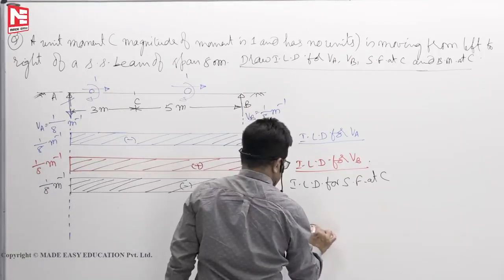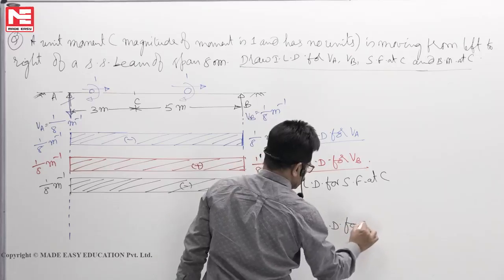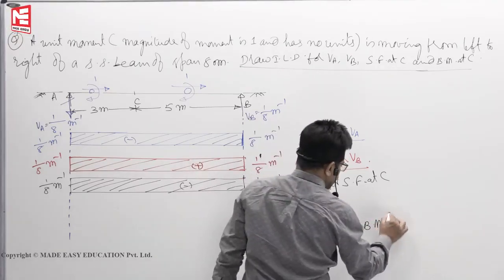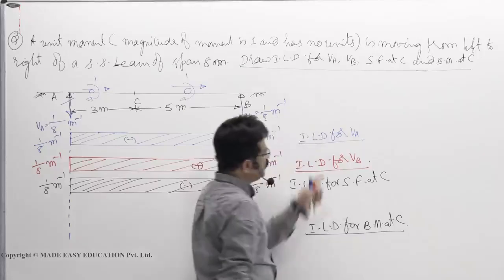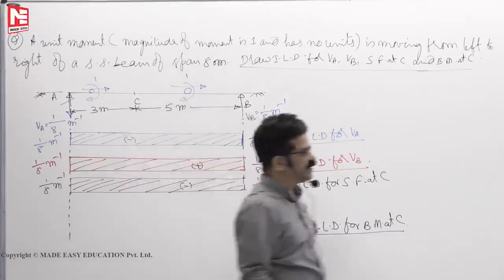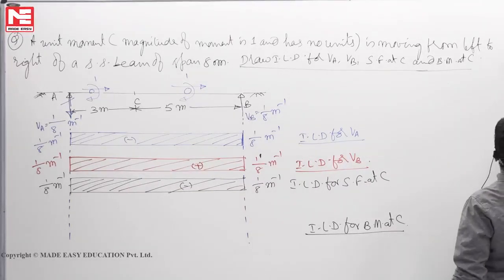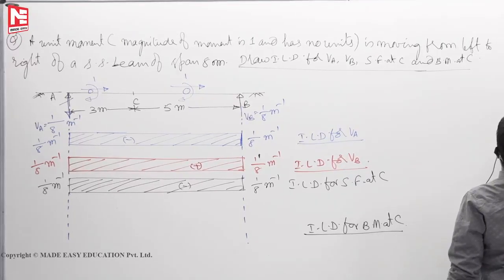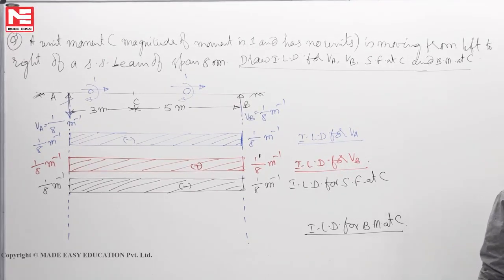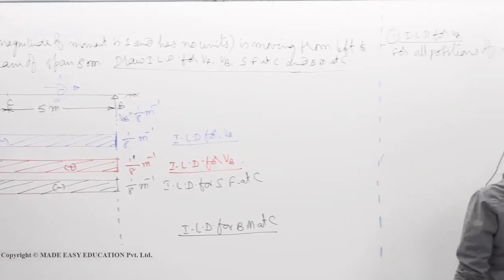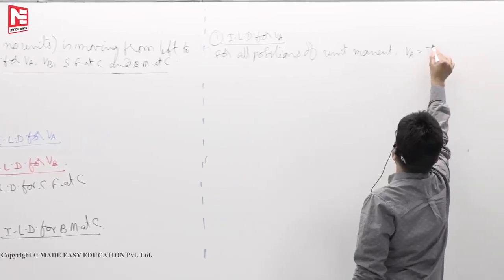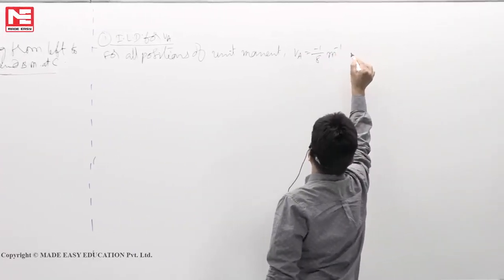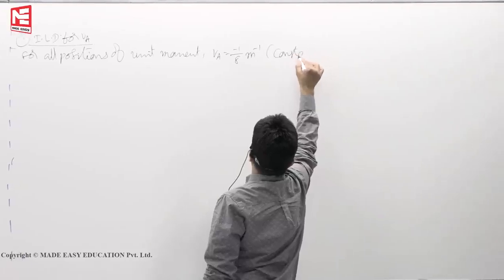Now we want to draw ILD for bending moment at C. These 3 points, whatever I talked about, we will write here. First one is ILD for VA. For all positions of unit moment, VA is equal to minus 1 by 8 meter power minus 1, constant.